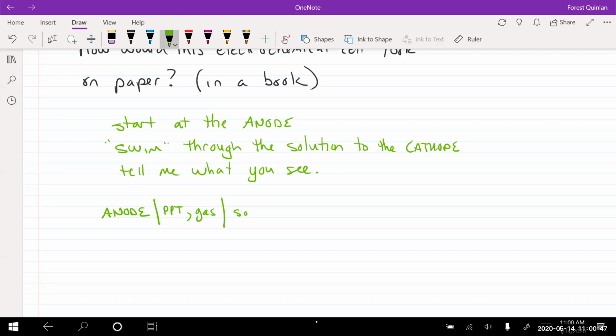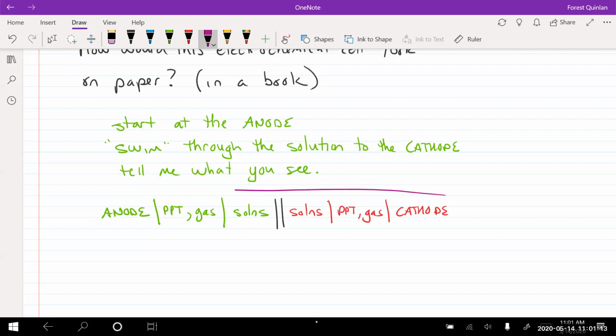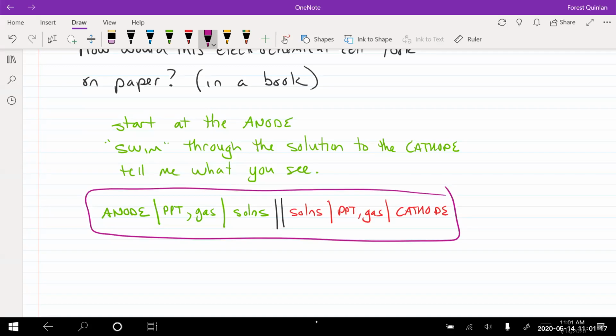Slash any solutions that you see, the membrane, the other solutions that you might see, any PPTs or gases that you're using, and then what the cathode is comprised of. Now I went ahead and color coded it as we've been color coding it, just to show you.